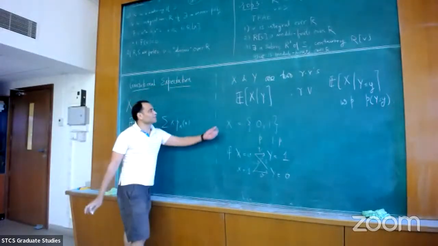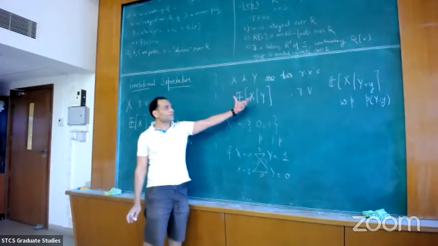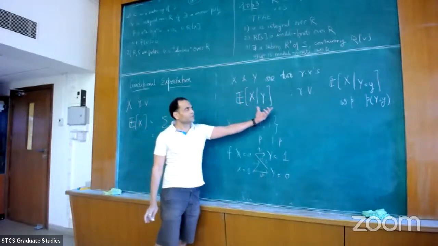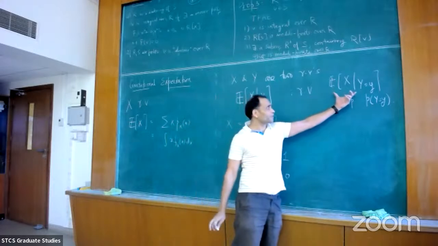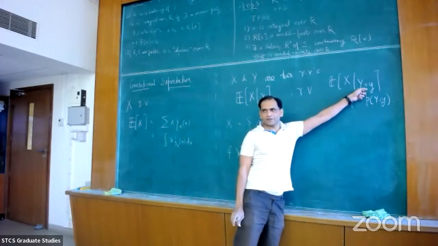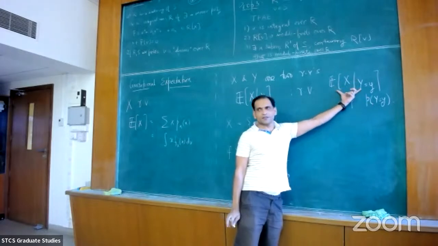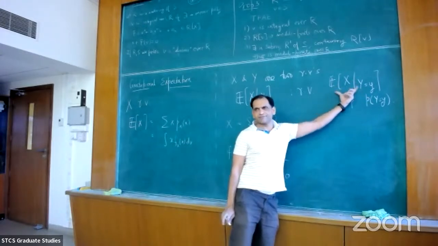It's always very slippery. It just looks like an expectation. One thinks that this is a deterministic quantity, but it's not. It's actually a random variable, which takes a value conditioned on the fact that y takes a little value y. That's the probability with which it takes that value.